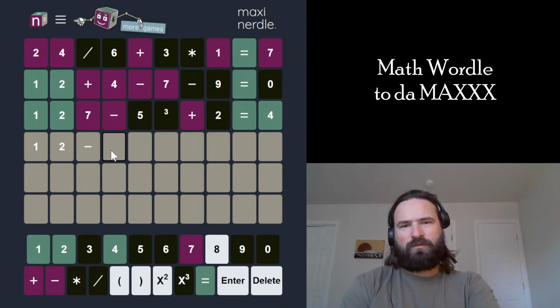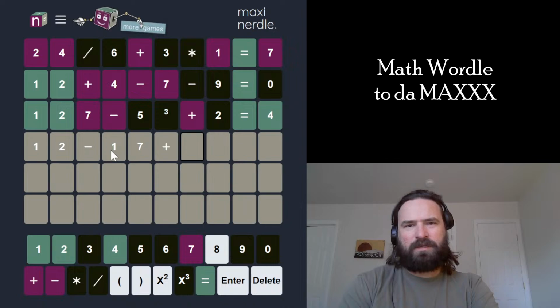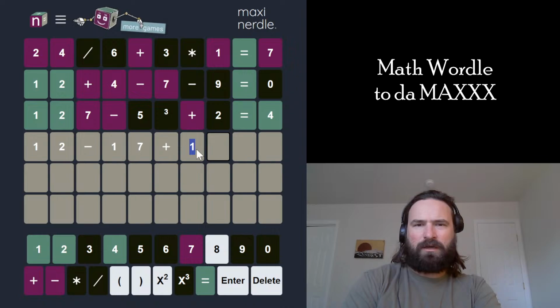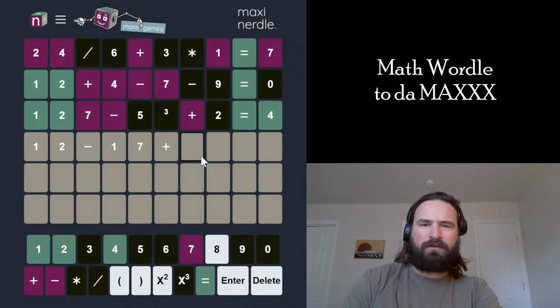I guess I'm gonna try a bunch of 1s. 12 minus 17 plus. So this is negative 5. I would have to add 9 to have this equal 4. I don't have 9 to add. I'm really confused. So maybe I don't have it equal 9 though.